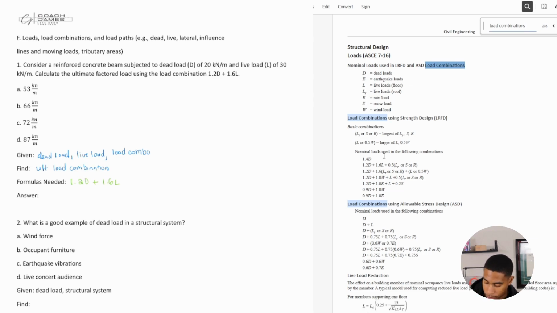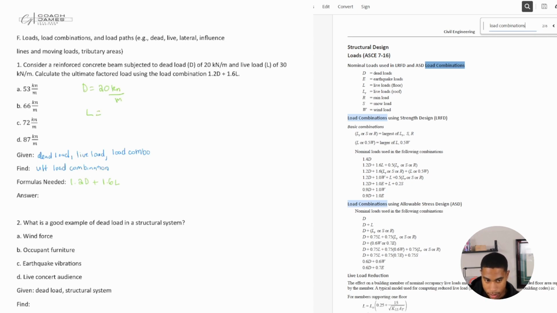So what is my dead load? My dead load is equal to 20 kilonewtons per meter.